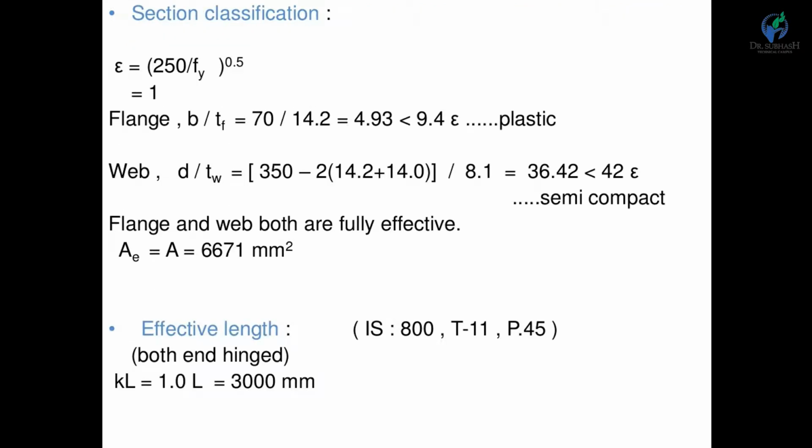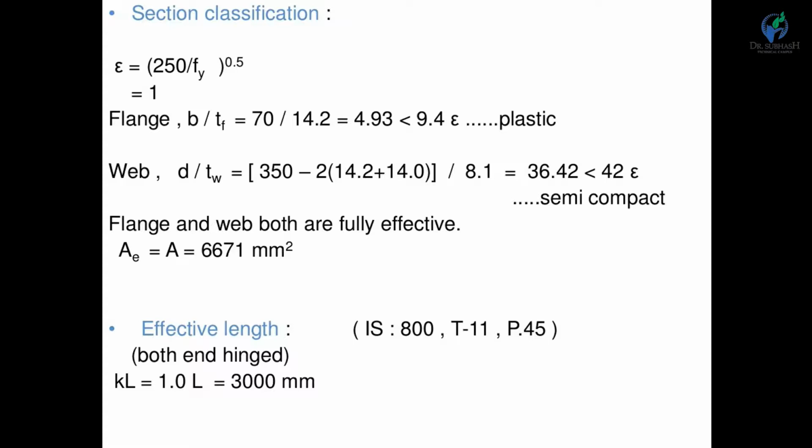So we find D as H minus 2 times root radius plus thickness of flange. So you deduct this from the total height and you get D, the effective depth of section. Then find D by TW, which is 36.42. It is smaller than 42 epsilon, so your web is semi-compact.